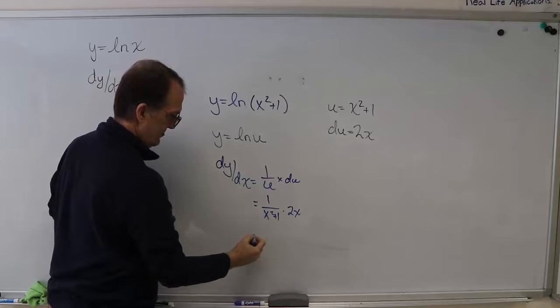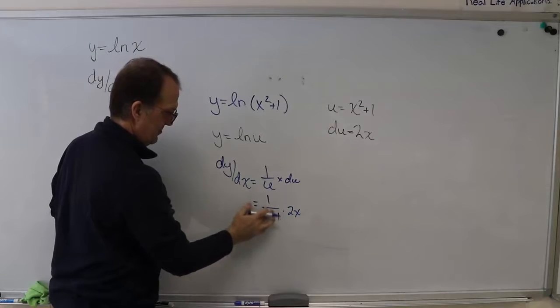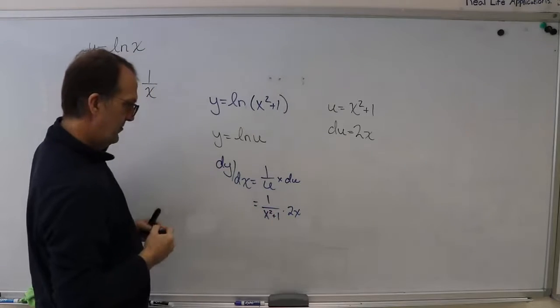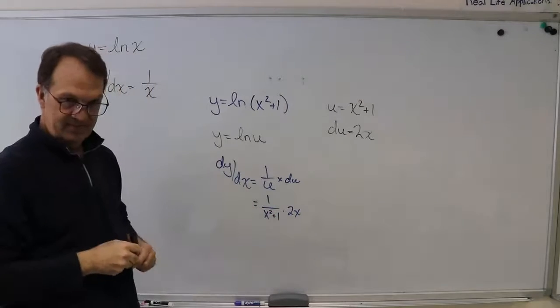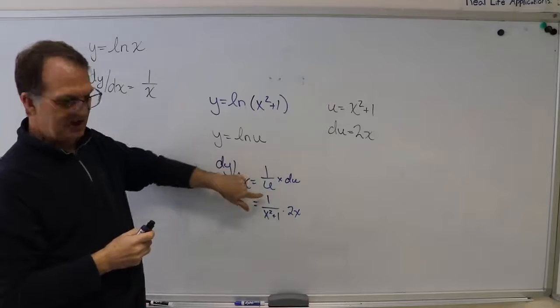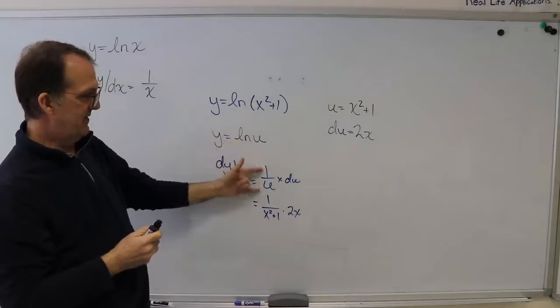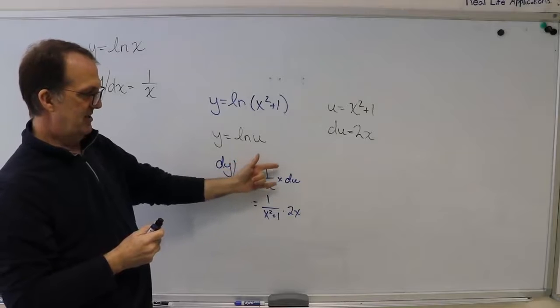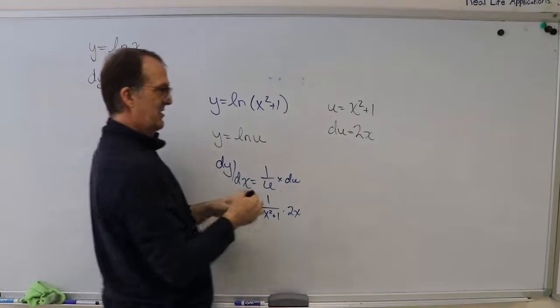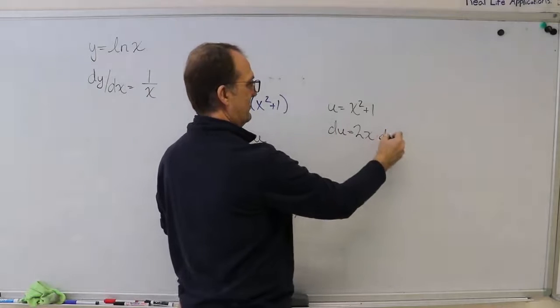The only reason we've multiplied by du is so we have 1 over u times du equals dy over dx. Yeah. This is the chain rule idea, that it's the derivative of the function times the derivative of the inside.